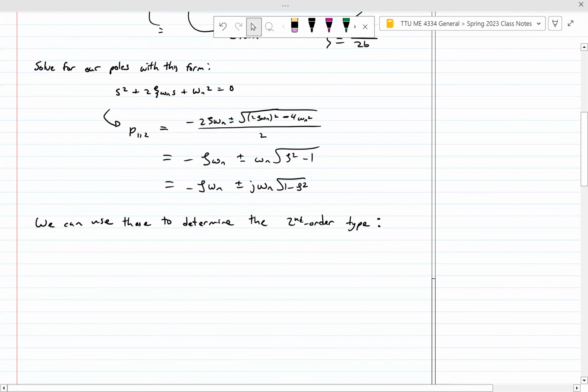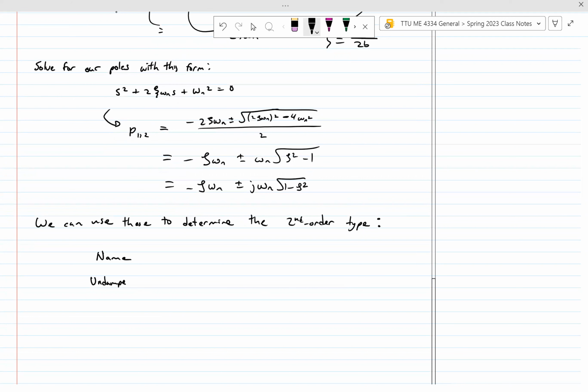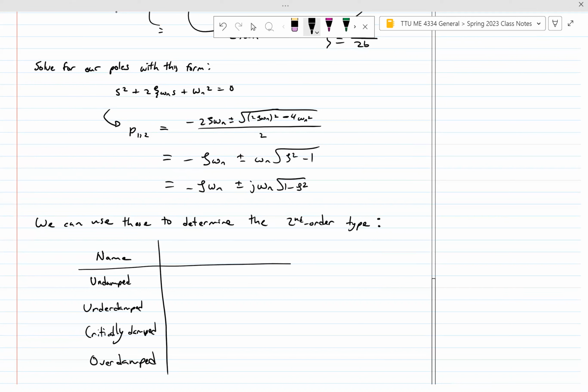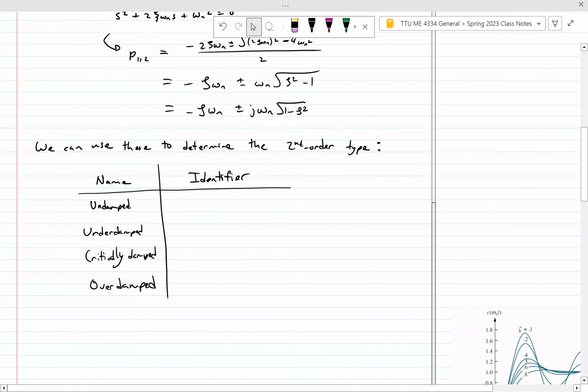So last time we had our chart where we had undamped, underdamped, critically damped, and overdamped, right? And we talked about where the poles existed to determine what form it is. This time, our identifier is just going to be the damping ratio. So maybe let's start with overdamped. We'll start at the bottom and go back up.